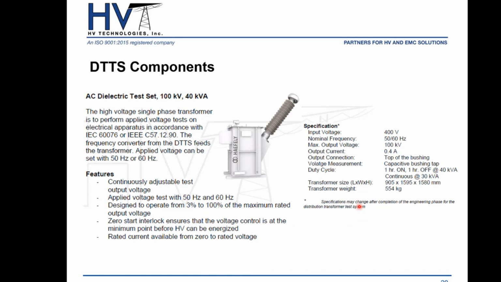As far as applied voltage test, we can offer as an option, if you're interested in applied voltage testing, the ACA dielectric test set, which is basically a 100 kV, 40 kVA single phase test transformer. This is apart from the container, but it will interface with the controls. It will be controlled by the DTTS software.